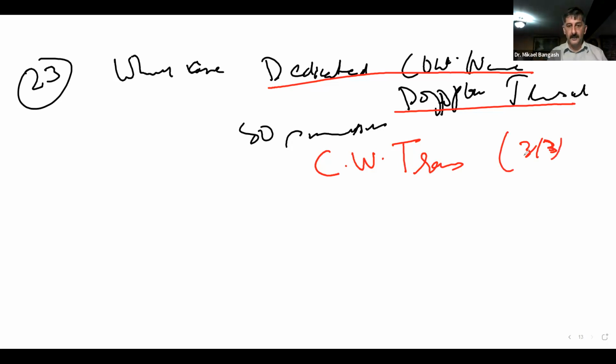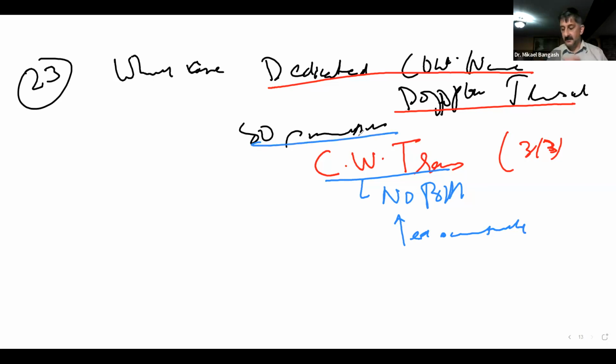Where we say that this fellow here was a continuous wave transducer, so yes, there was no backing material. No backing material causes an increased sensitivity and makes it so sensitive.